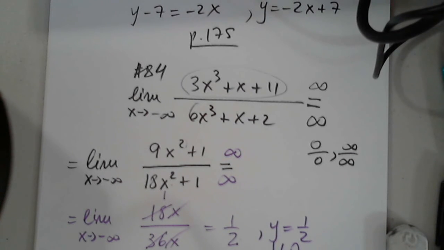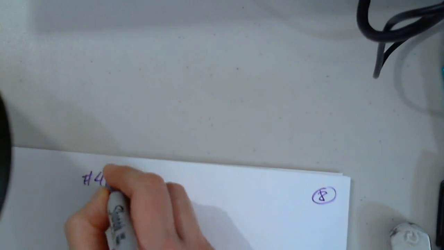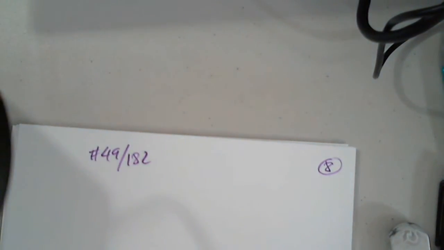They are on page 182, number 49. One more time. 49. Where are you? 49. Oh, yes. Perfect. Excellent. So 49 on 182. Perfect pick.